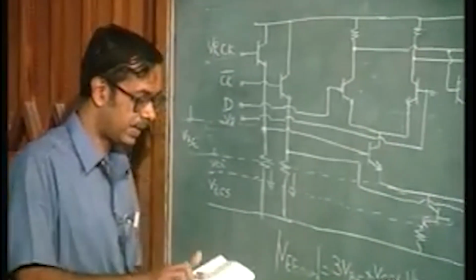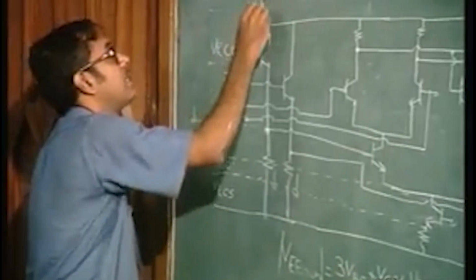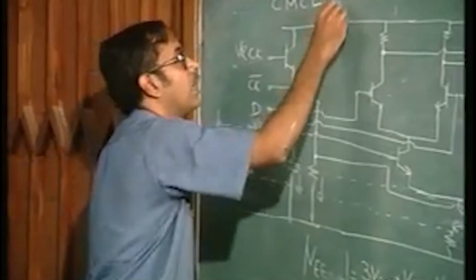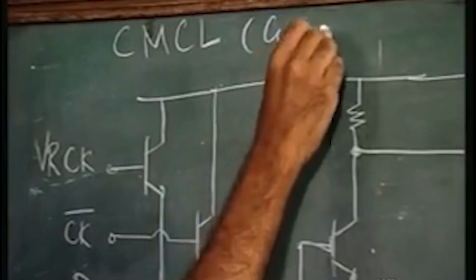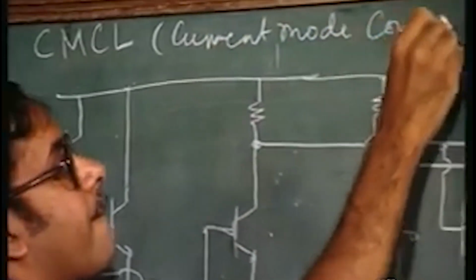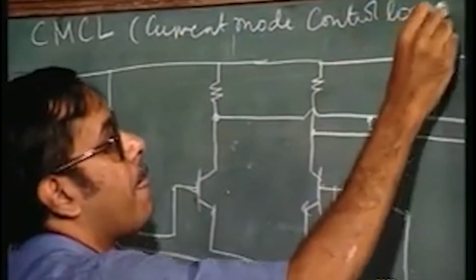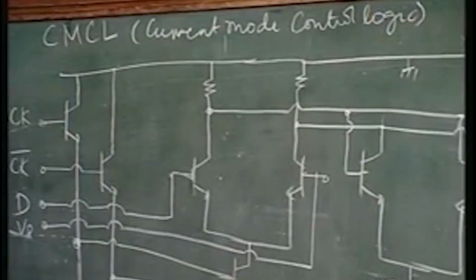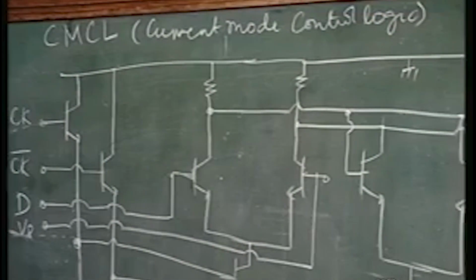The circuit is called by the name CMCL, or current mode control logic.